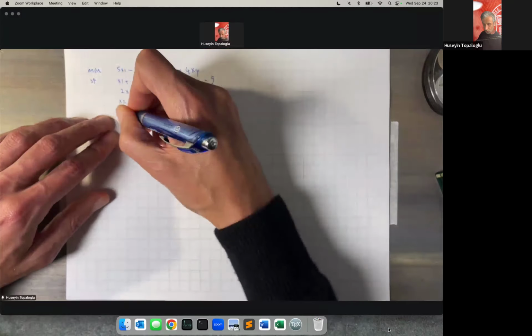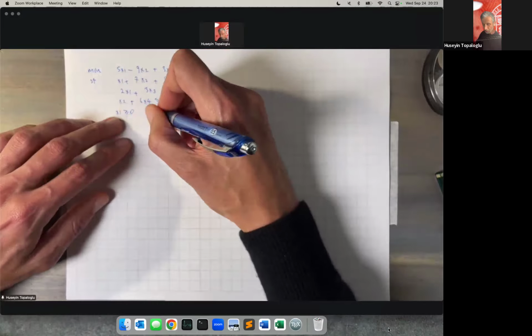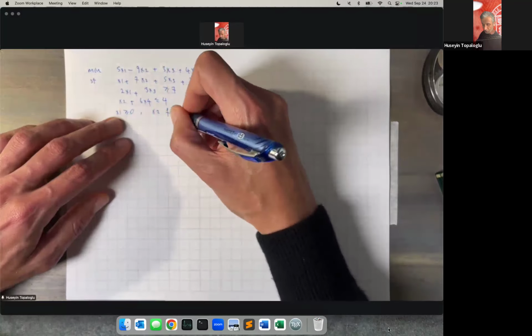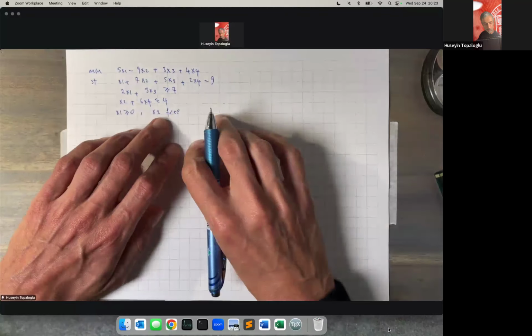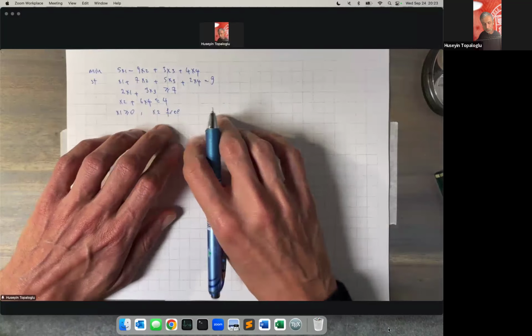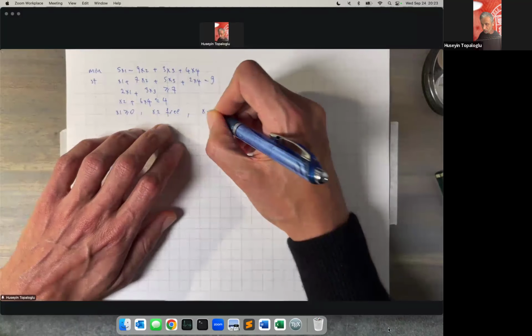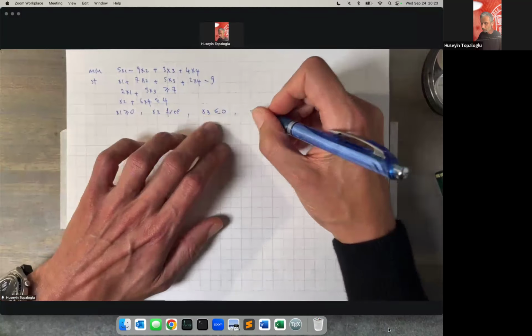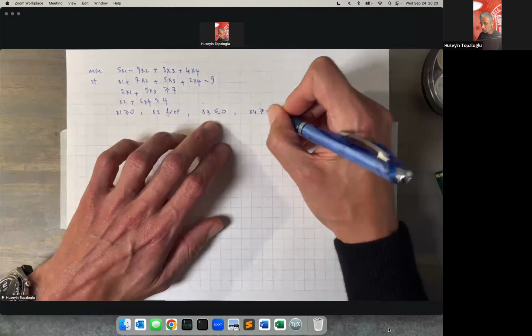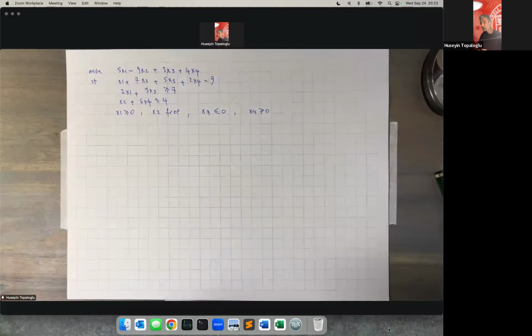And our decision variable x1 is greater than or equal to 0. Let's say x2 is free. It can take both negative or positive values, so the optimization is going to determine the value of x2. And x3, let's say, is less than or equal to 0, restricted to be negative, and x4 is greater than or equal to 0.